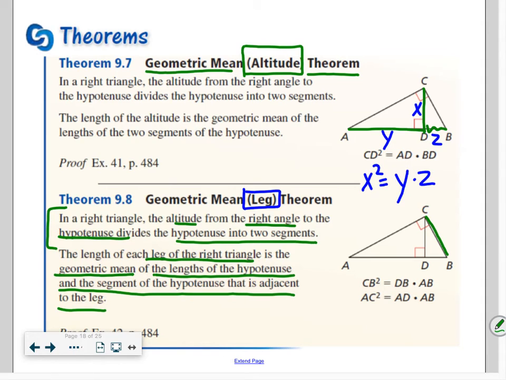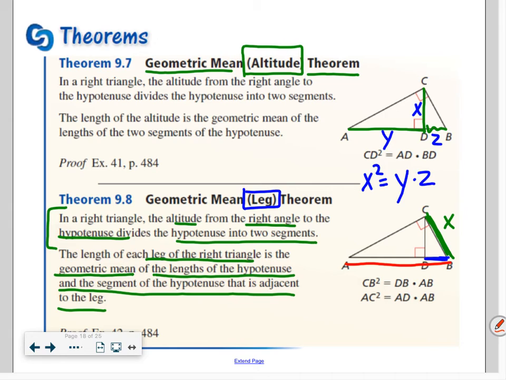Wow, that sounds like a lot of information. But what that means is if we have CB squared, I'm just going to call this piece x, what I'm looking for, if the geometric mean, is I am going to take that, and that's going to be equal to DB, which is the piece that is adjacent to that leg, the closest piece, times the length of the entire hypotenuse.